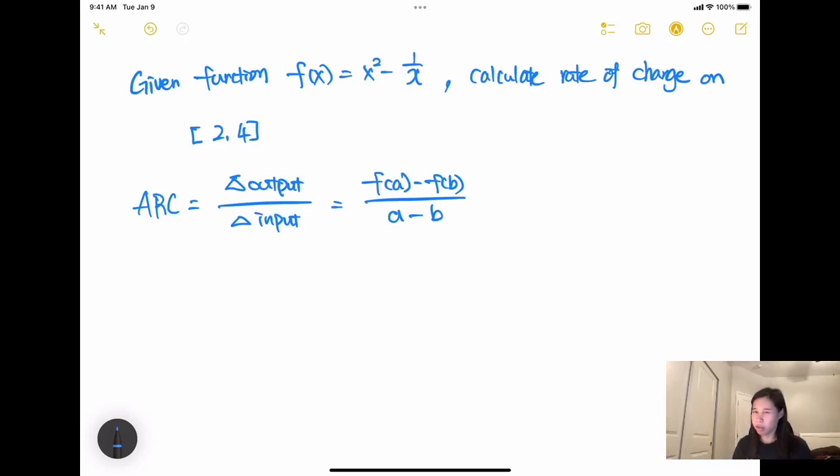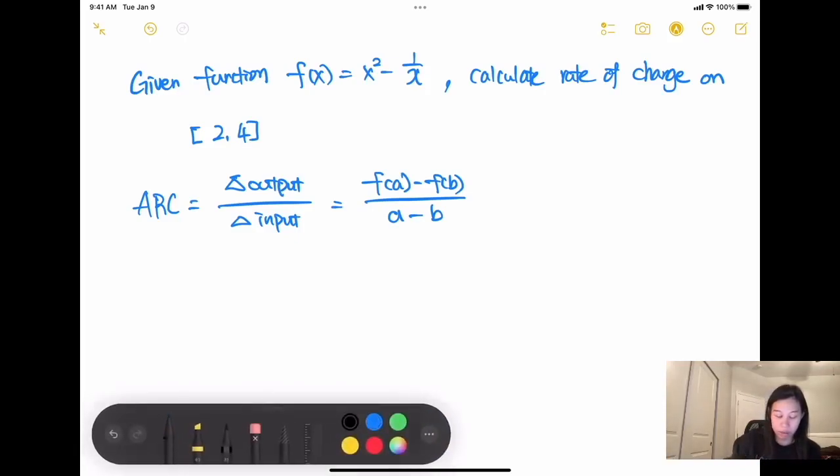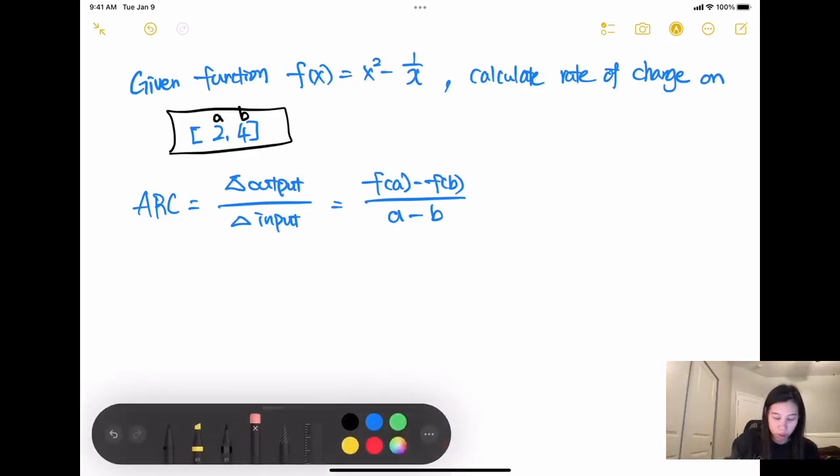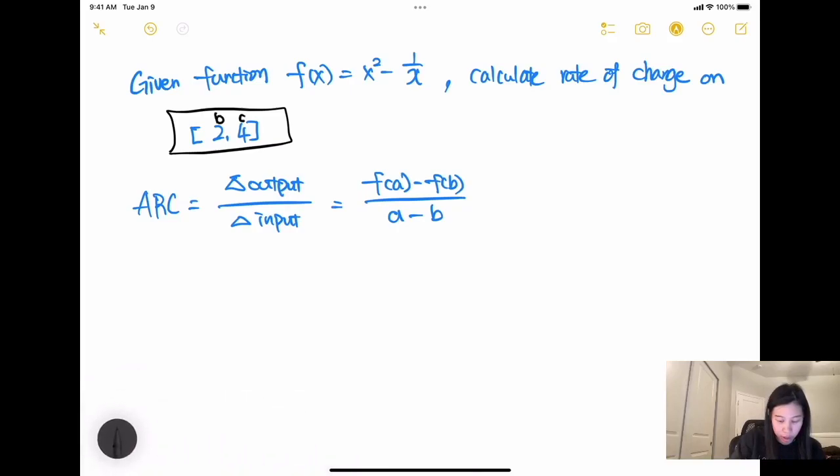So what's a and b? Well, they're giving you the interval, from 2 to 4. That means a is 2, b is 4. Or you can do it the opposite way. Either way, it works.